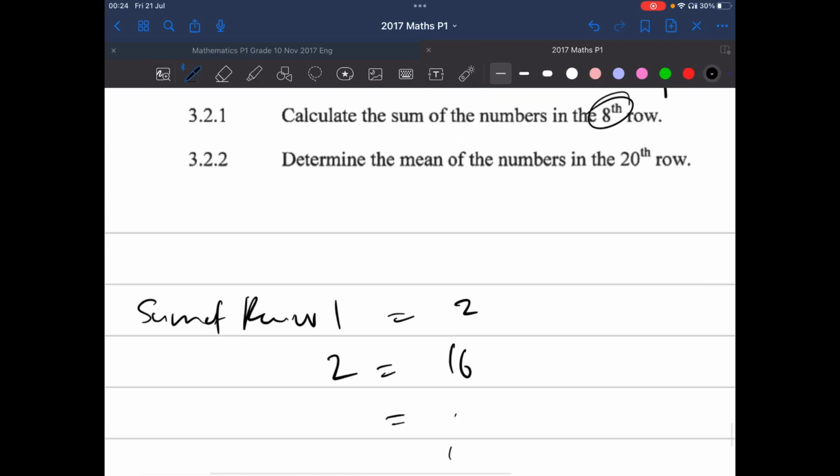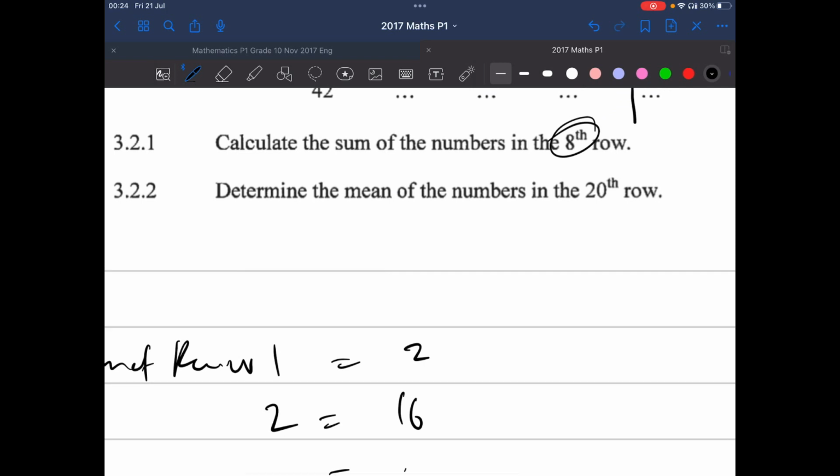What is mean? Mean is the average. So you're taking all of the values, adding them together and dividing it by the number of values in that row.